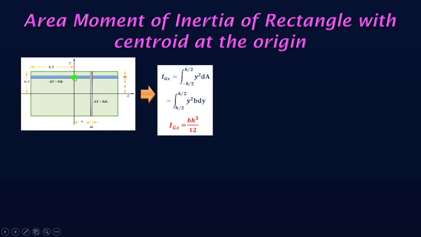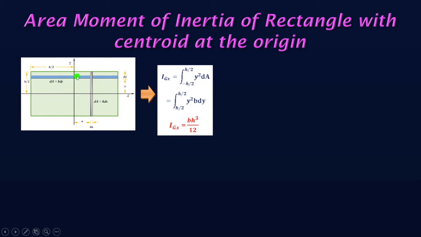What's the limit for this area? When this area is here, it is minus h by 2. The total length here is h, so this is equal to h by 2.